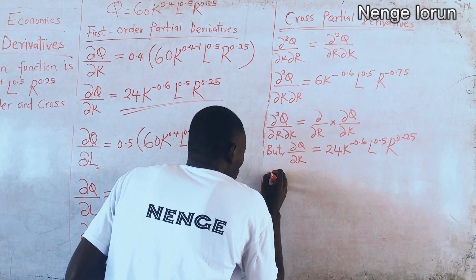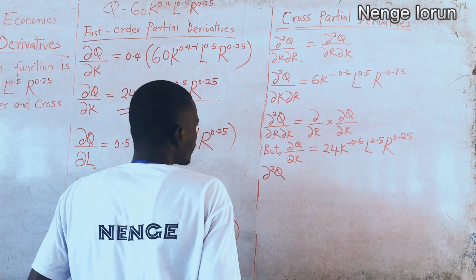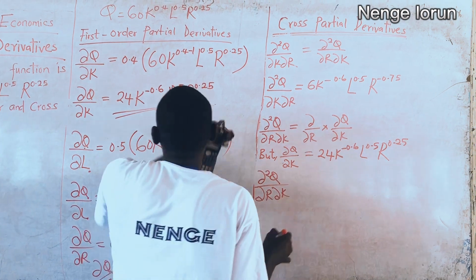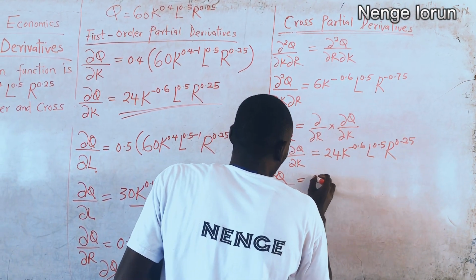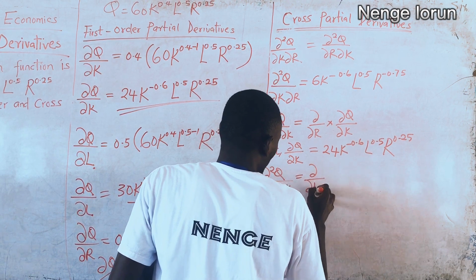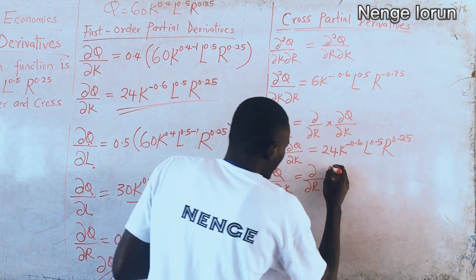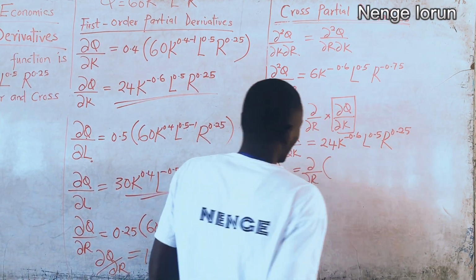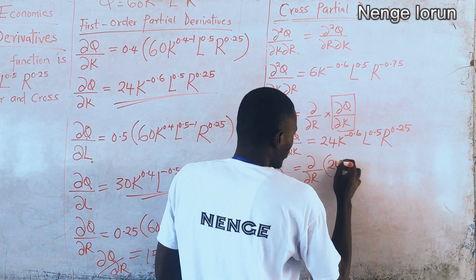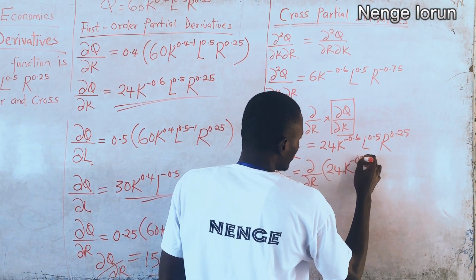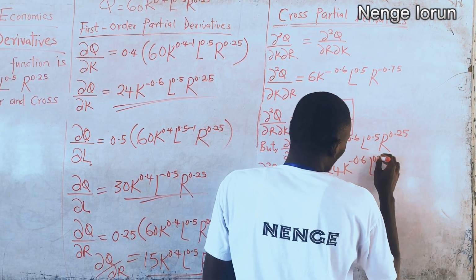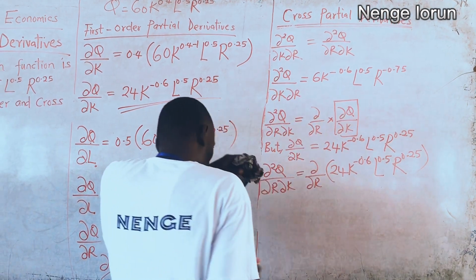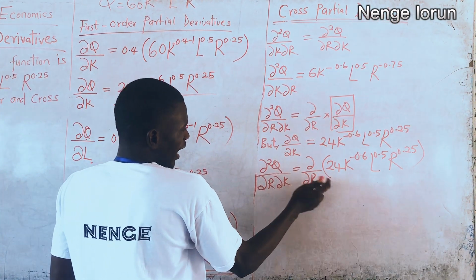So now, the second order cross-partial derivative of q with respect to r with respect to k will be equal to the cross-partial derivative with respect to r, what is here. Then in place of this, you will impute this value because it has been computed, which is 24k raised to the power of negative 0.6, L raised to the power of 0.5, r raised to the power of 0.25. So now we are differentiating with respect to r.